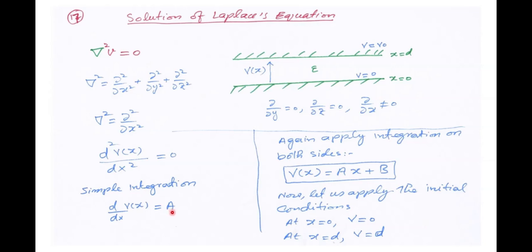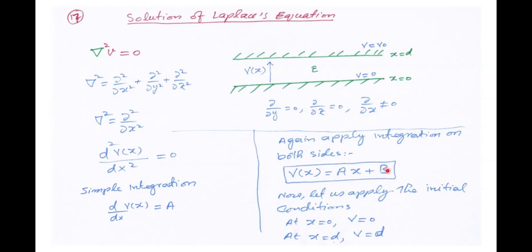Then again apply integration on both sides, which produces the potential function, V as a function of x equal to a times x plus b, where a and b are unknown variables. These are the constants of integration.